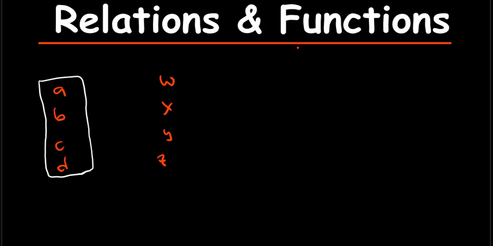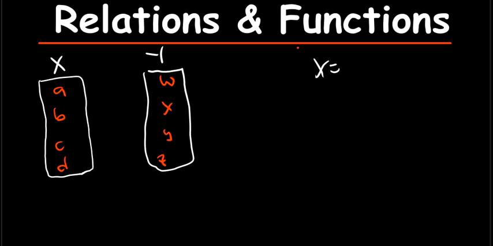So we are going to have a relation here, but we need to understand, is this relation a function? So this is x and this is y. Now whenever we are talking about relation, you are going to have the x values and the y values. The x values is what we call the domain, then the y values is what we call the range.